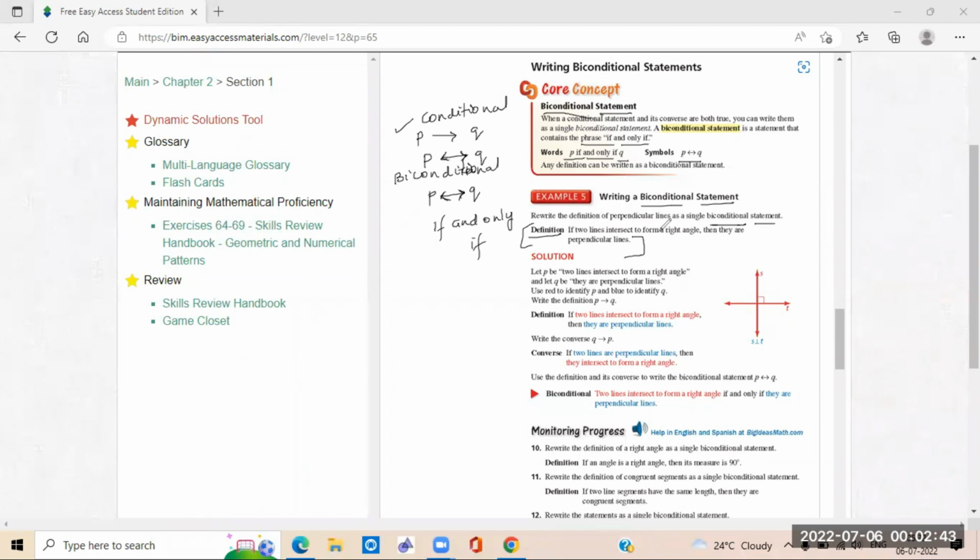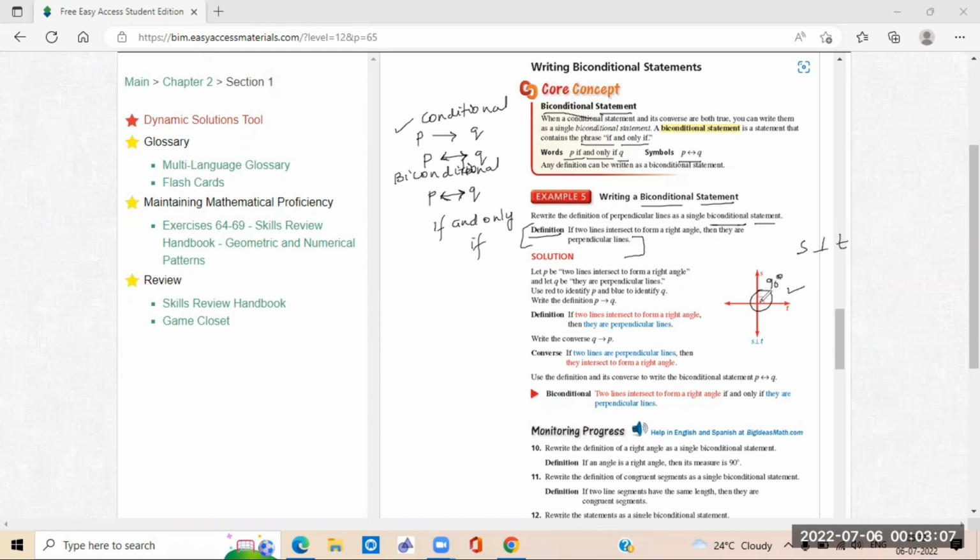The definition is: if two lines intersect to form right angles, then they are perpendicular lines. You can see in this figure, S is perpendicular to T. This particular symbol tells us that line S is perpendicular to line T, and this is the indication of 90 degrees, right? So this is the definition we have seen.